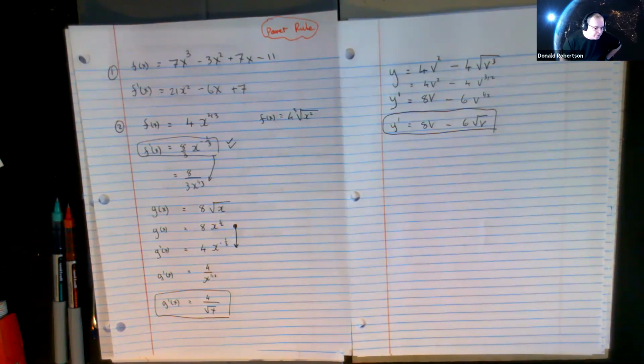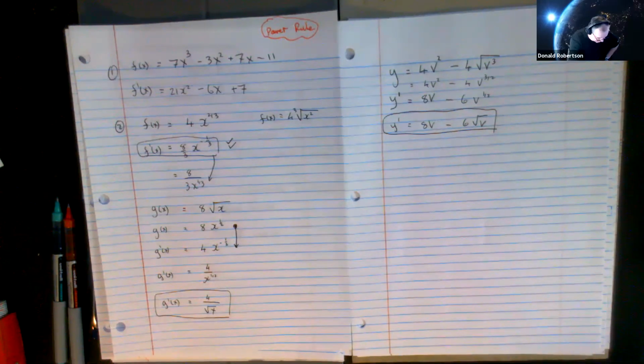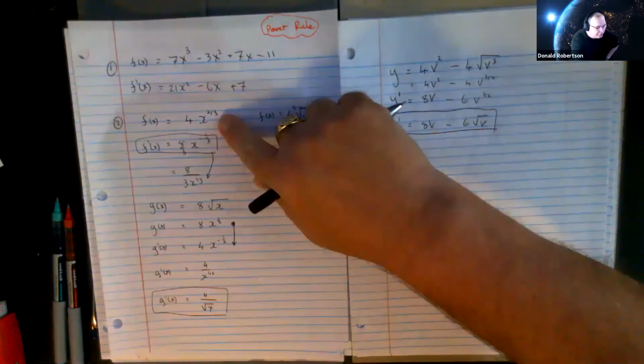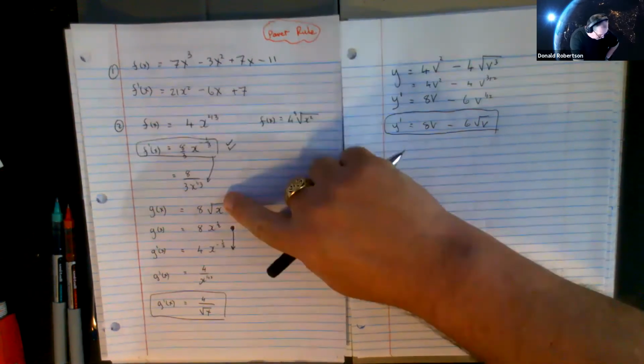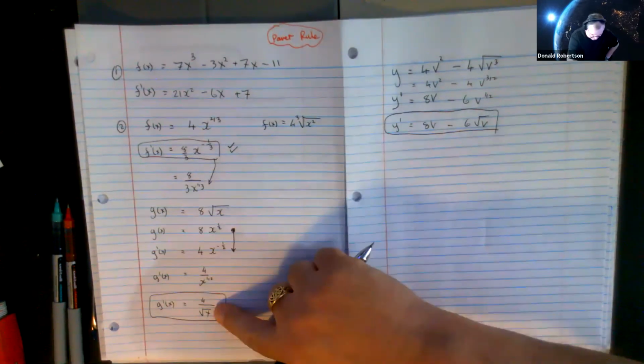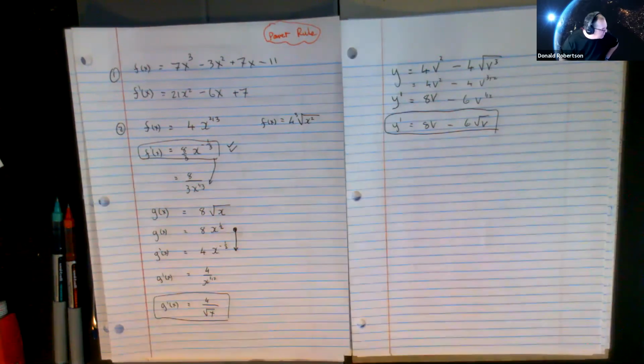Use the power rule and then make your answer look pretty by making it look like the original. And that depends on what the original looks like. If the original was a fractional power, it's okay to have an answer as a fractional power. If the original has a square root, you better have a square root in the answer, right? Or a cube root, or whatever root happens to be going on at the time.